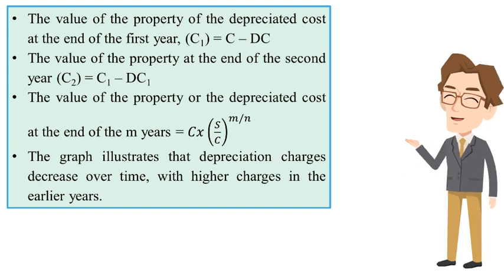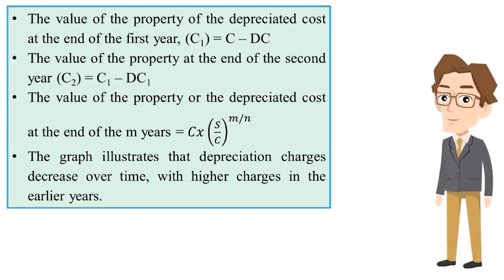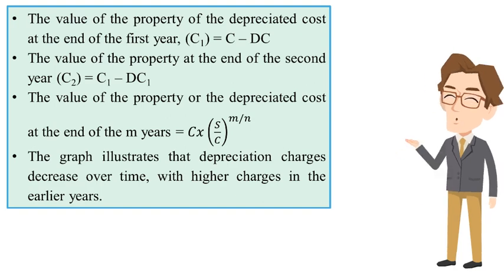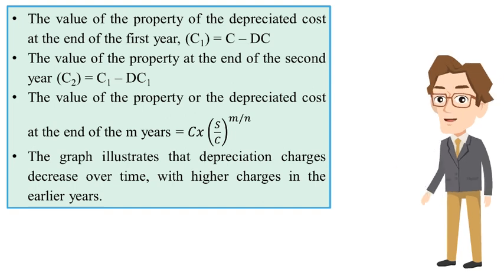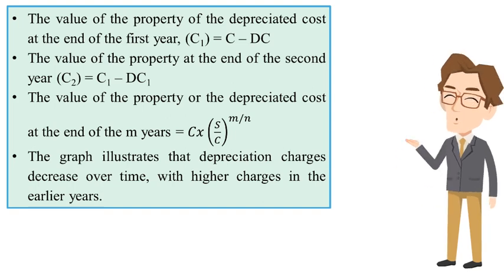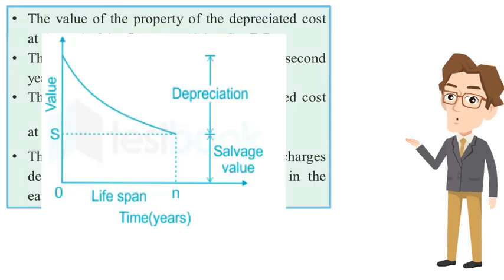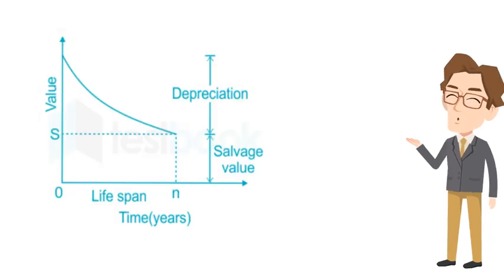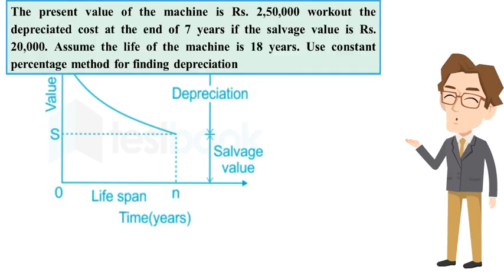The depreciated cost at the end of M years equals C multiplied by (S divided by C) whole raised to M by N. Graphically it can be expressed as follows. The graph illustrates that depreciation charges decrease over time, with higher charges in the earlier years.